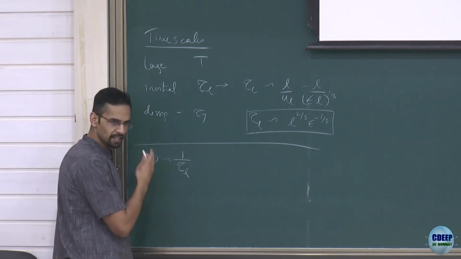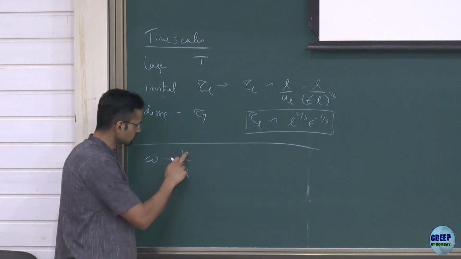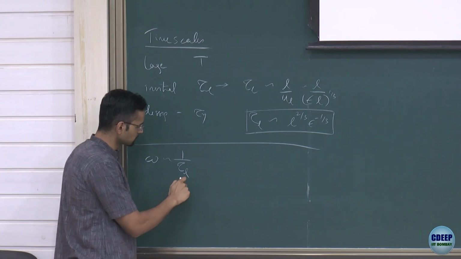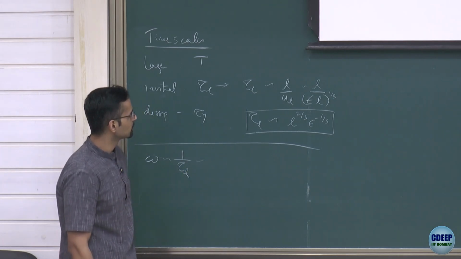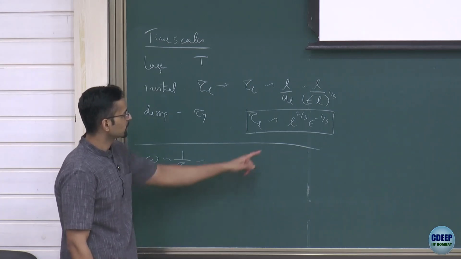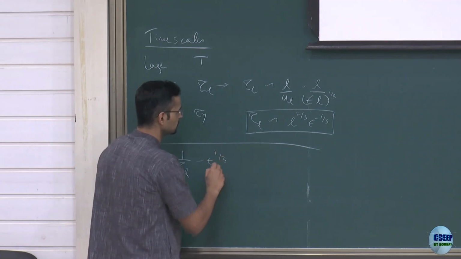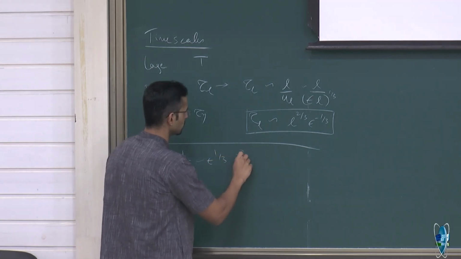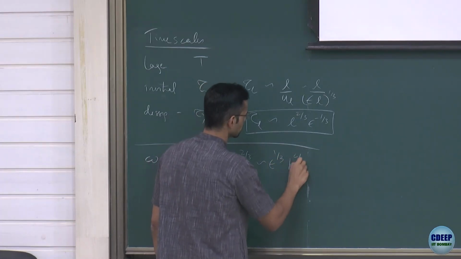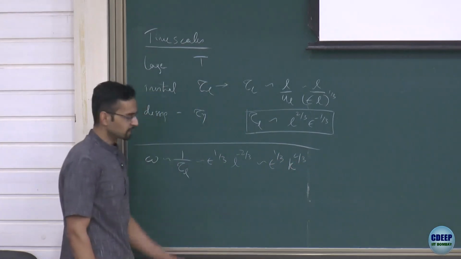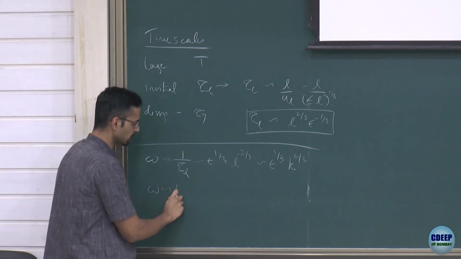Okay, so omega at a particular scale L. So then I can relate again L to the, right, it's epsilon to the 1 by 3 L to the minus 2 by 3, which is epsilon to the 1 by 3 k to the 2 by 3. Okay, so neglecting this epsilon factor, if I just want to look at the behavior, it goes like k to the 2 by 3.